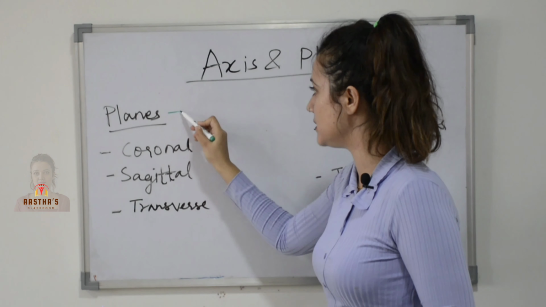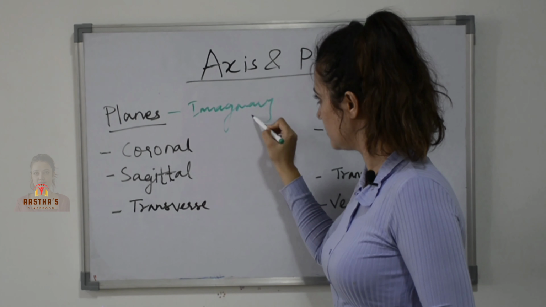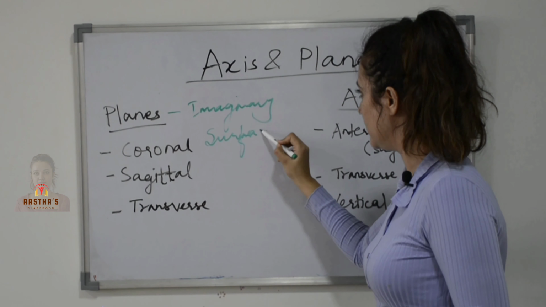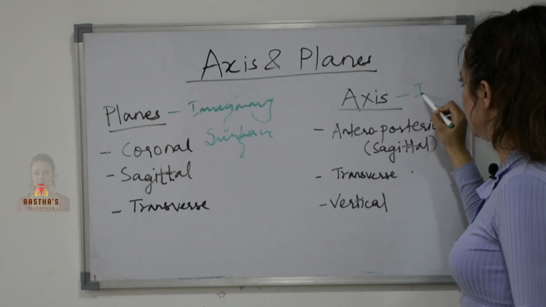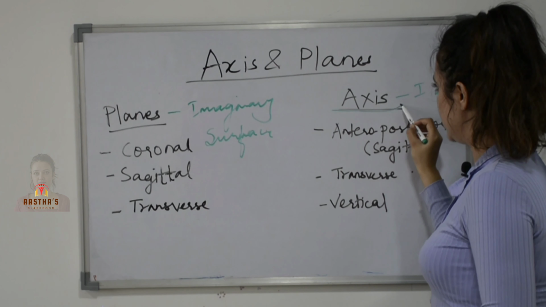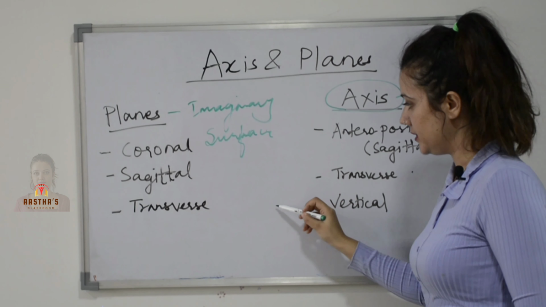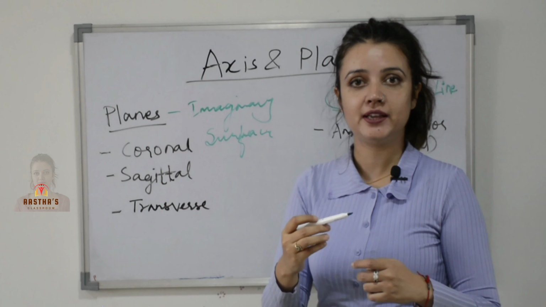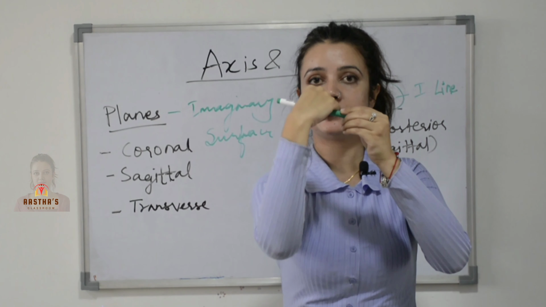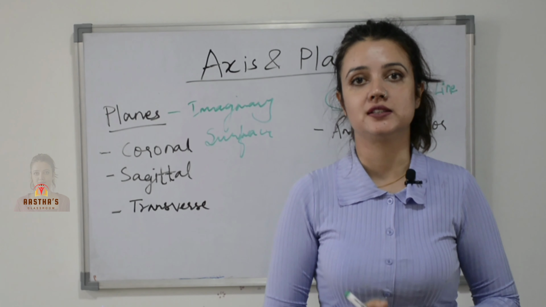So plane is an imaginary surface, whereas axis is an imaginary line. Through this imaginary line a movement happens. The movement happens around that line, that is the axis.